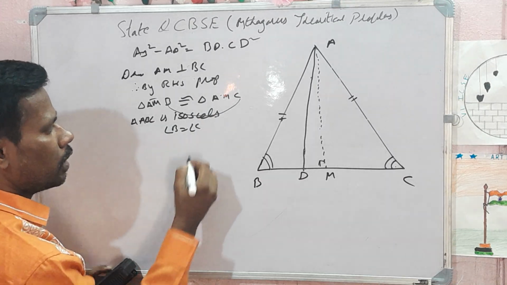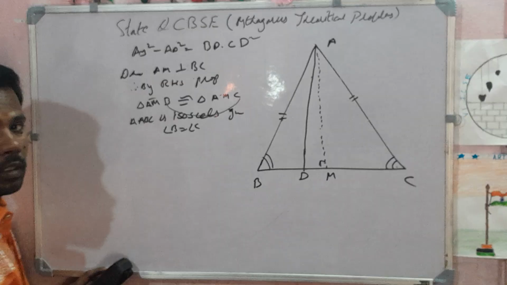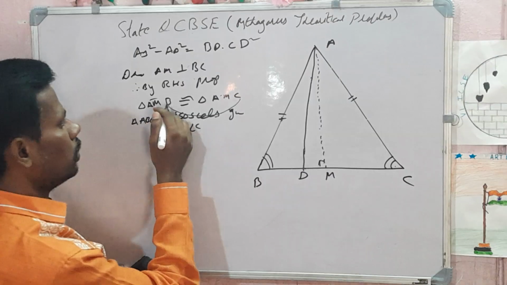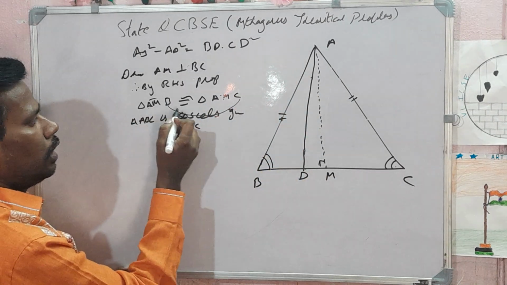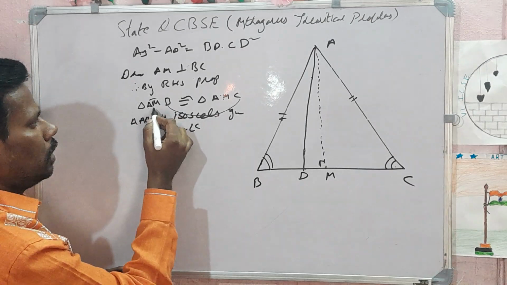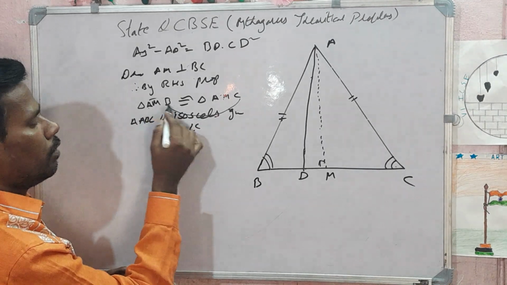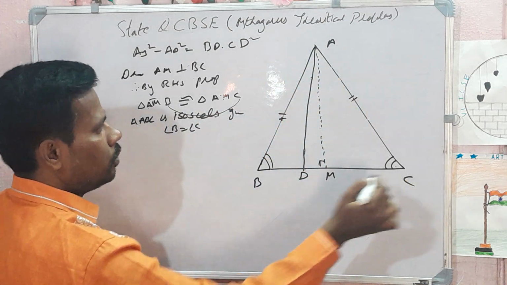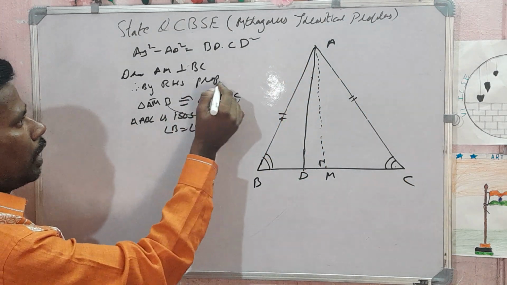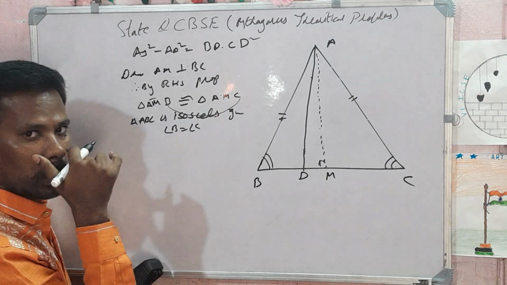Angle B is equal to angle C, this is given. AM and AM have a common side. Angle AMB is equal to angle AMC. Therefore, by RHS property, these two triangles are congruent.